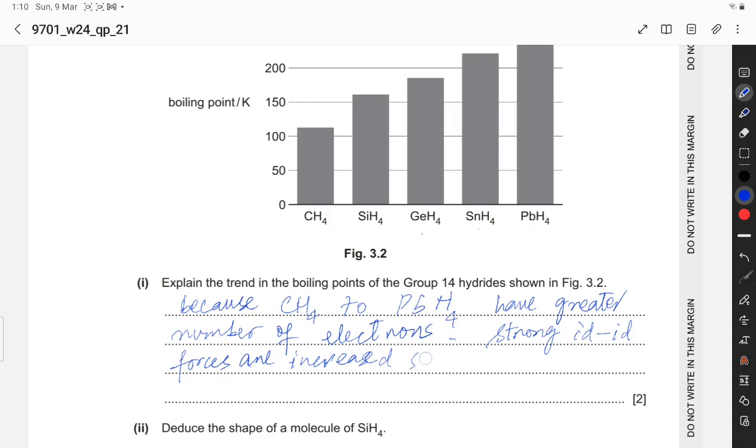So more energy is required to overcome the ID, instantaneous dipole induced dipole forces. So ID means instantaneous dipole induced dipole forces.